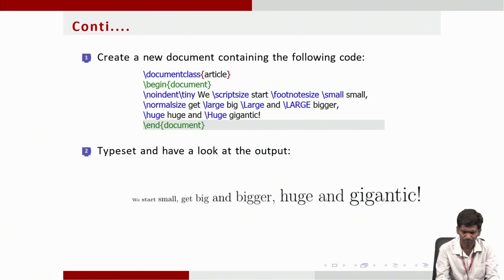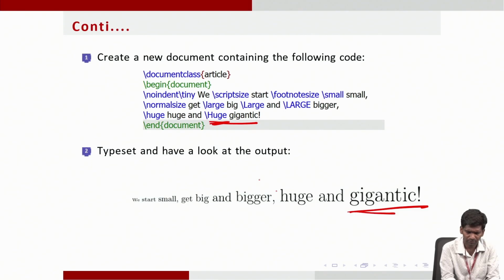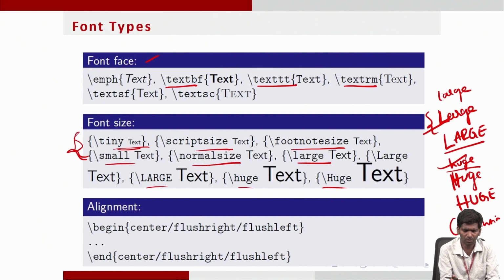Huge will come like this. If I use small huge, the output is like this. If I use all caps large, you can see here how the text is coming. So this is how you change the size of the text in LaTeX using all these tags.